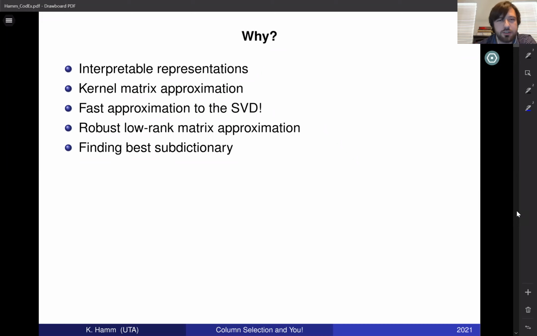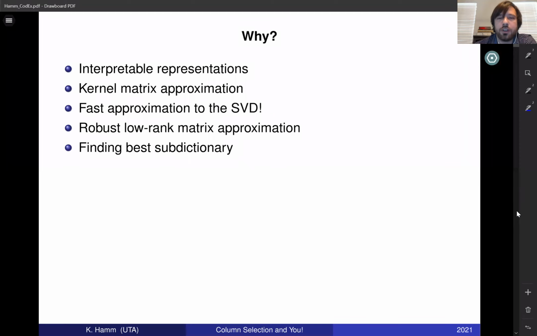Many applications in machine learning require you to compute a very large kernel matrix, and you can do it approximately by only computing a few columns and rows of your kernel matrix and approximating the whole kernel matrix that way, rather than computing the entire thing.